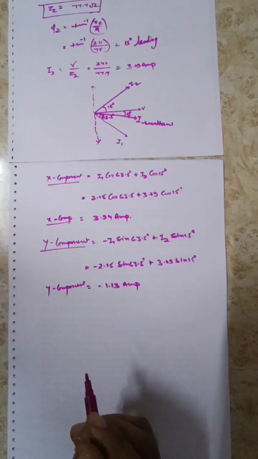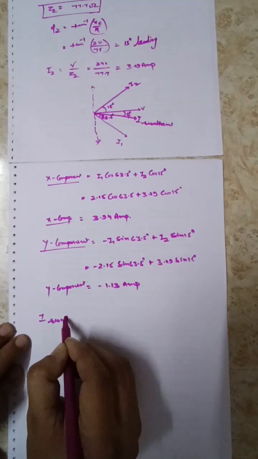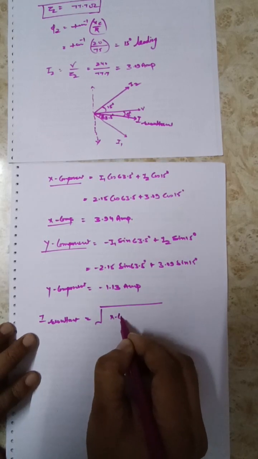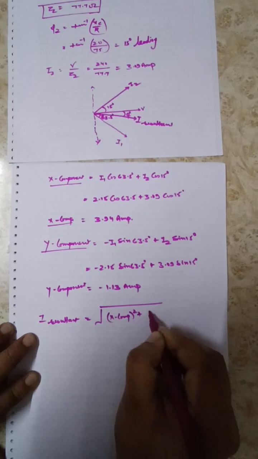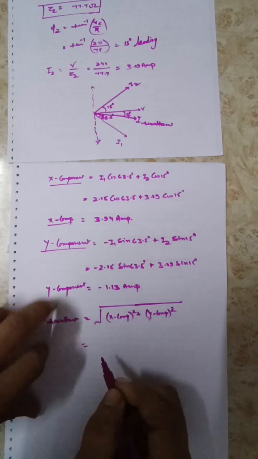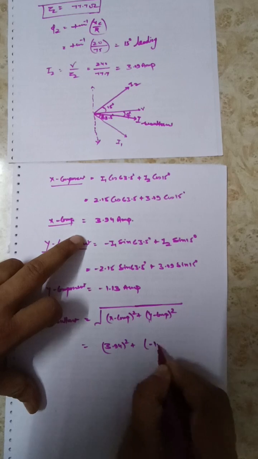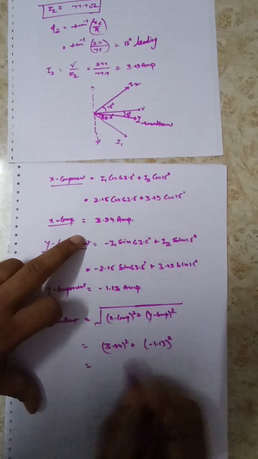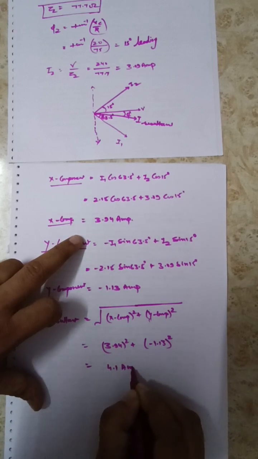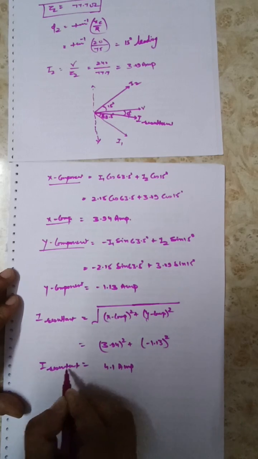So now what will be the resultant? I resultant equal to under root x component square plus y component square. X component 3.94 square plus minus 1.13 square. So it will come out to be 4.1 ampere. So here we are having the resultant current.